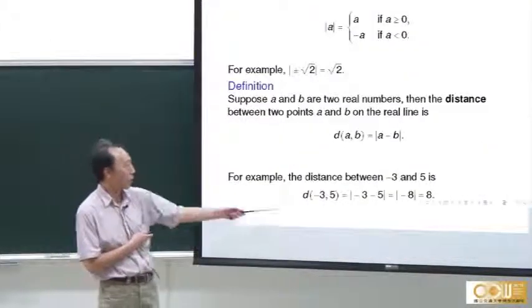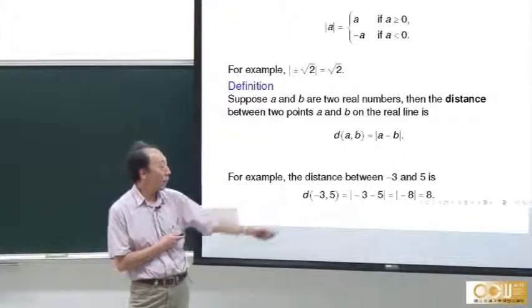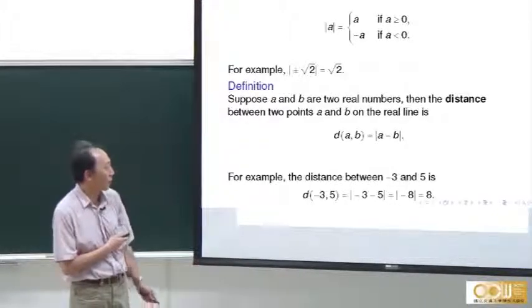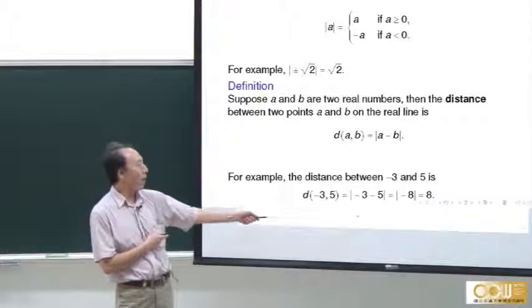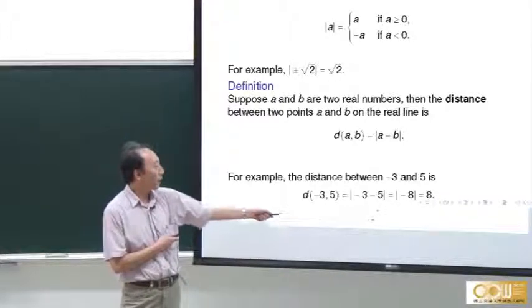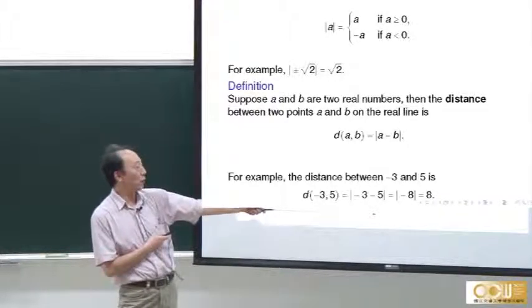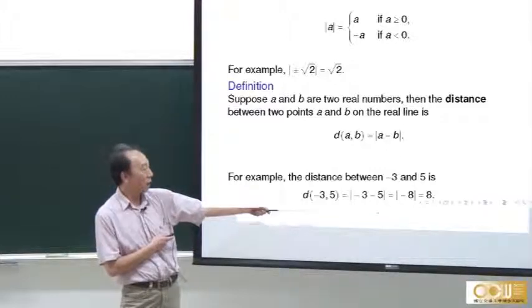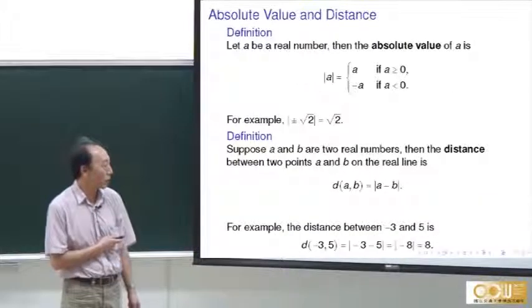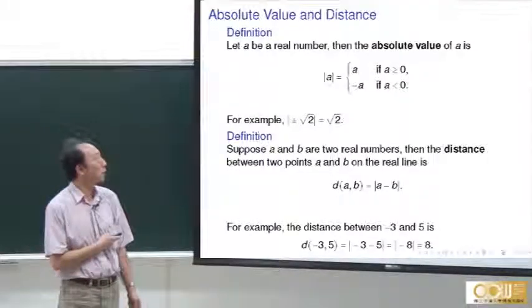The distance between -3 and 5 equals the absolute value of -3 minus 5, which is -8. Then take the absolute value, and we get the distance between -3 and 5 equals 8.